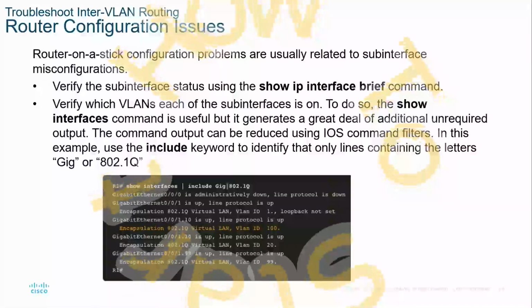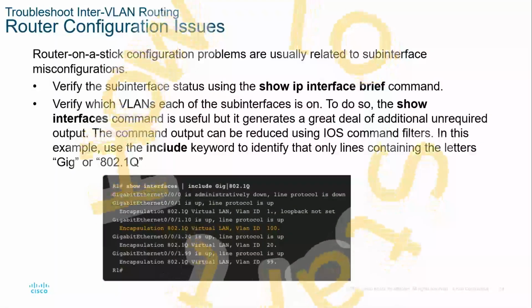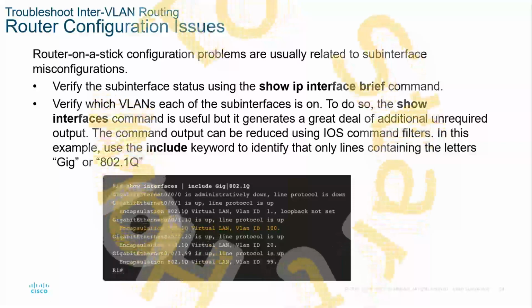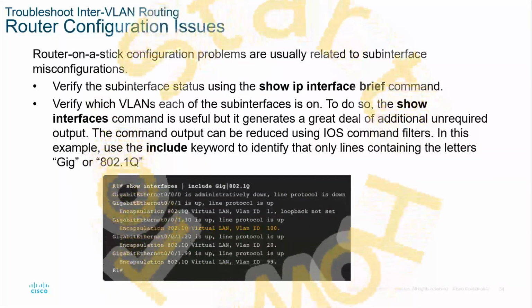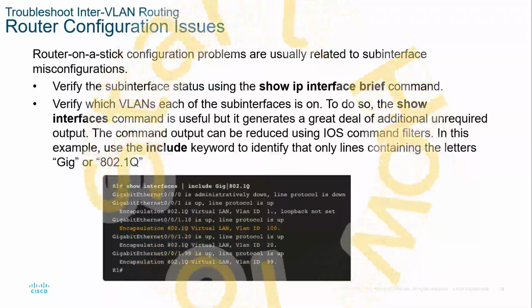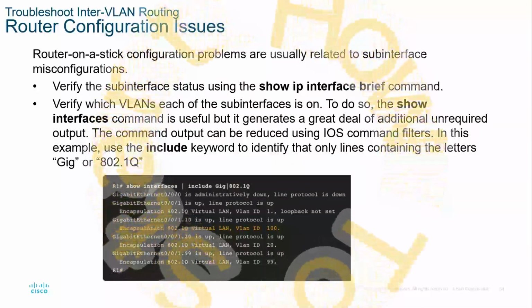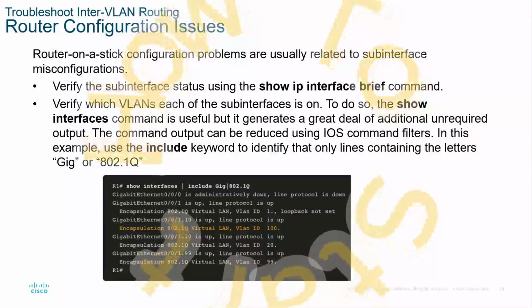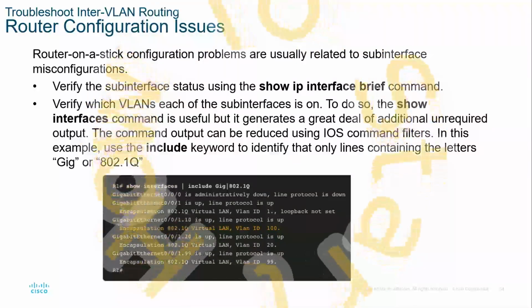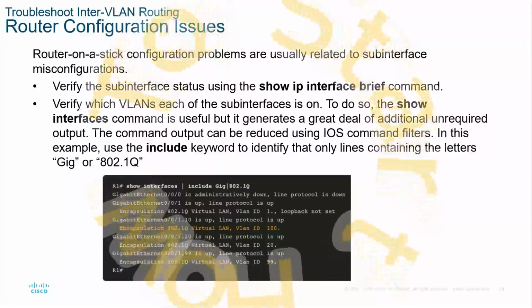If we're dealing with layer 3 devices like a router, we would be looking at the interfaces. We want to make sure that one, they're using 802.1q and that they're using the correct VLANs. Did we accidentally fat finger 10 to 100?